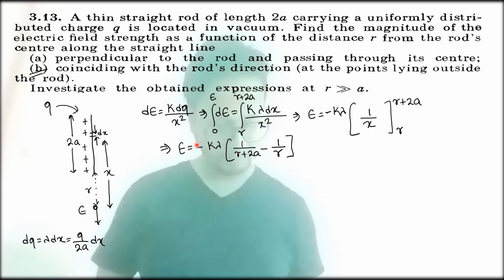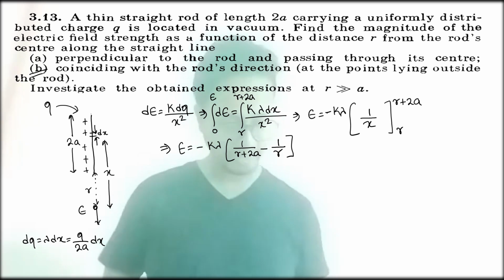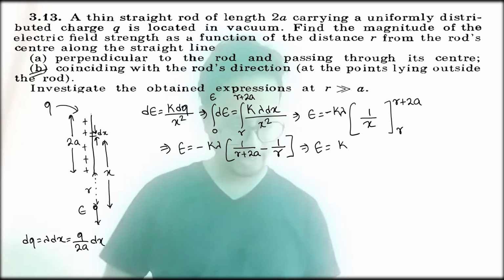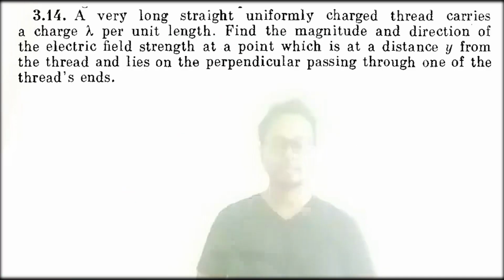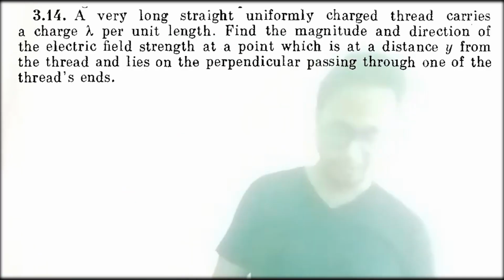Now if you multiply this minus inside the bracket, the total electric field is equal to k lambda into 1 by r minus 1 by r plus 2a. Simple enough. Now this is the same question we have discussed before.